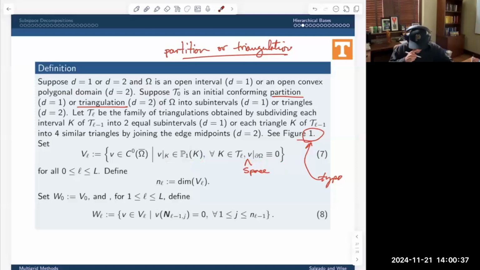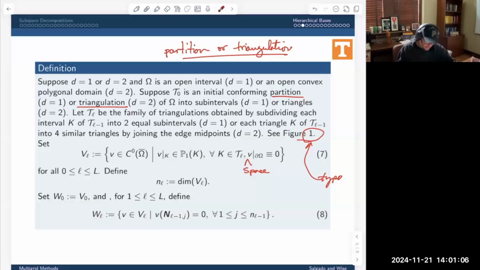All right, so suppose that NL is equal to the dimension of this space. I'm trying to define these new spaces called the WL spaces.